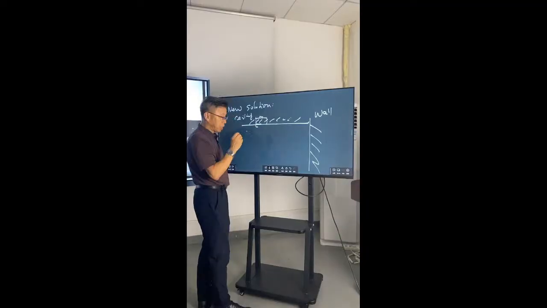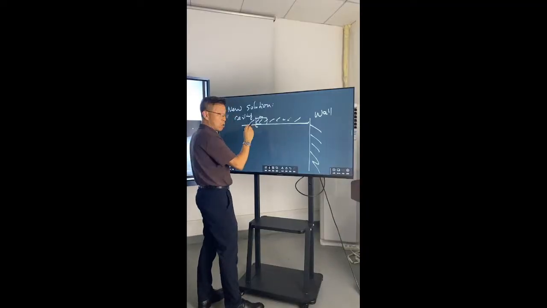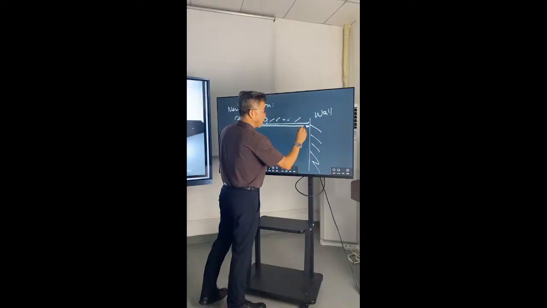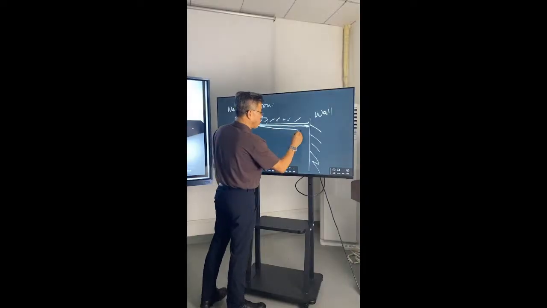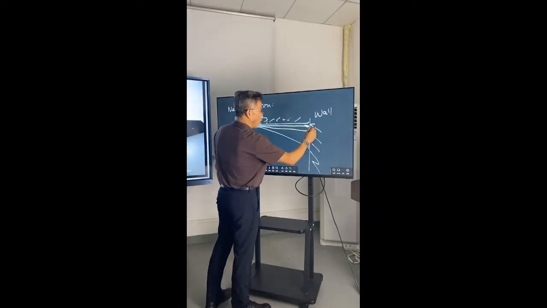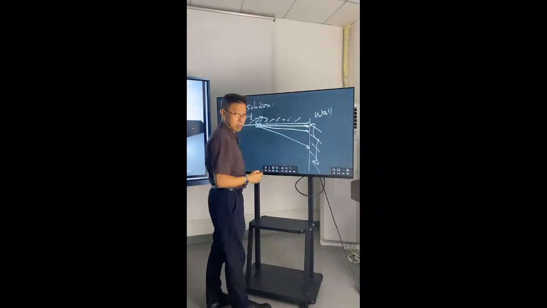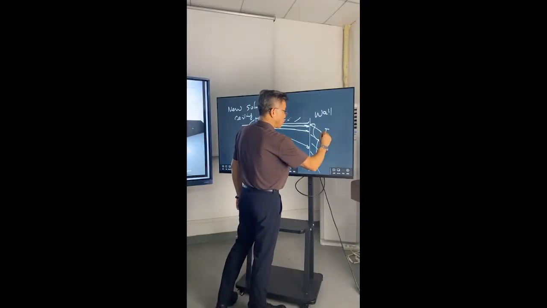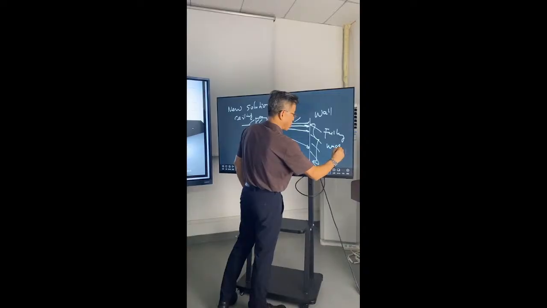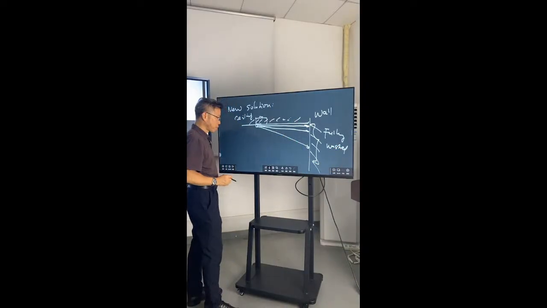And in our case, while doing wall washing, the beam will go this way. The light beam will go this way. All these parts of the wall are fully washed. So there is no dark area.